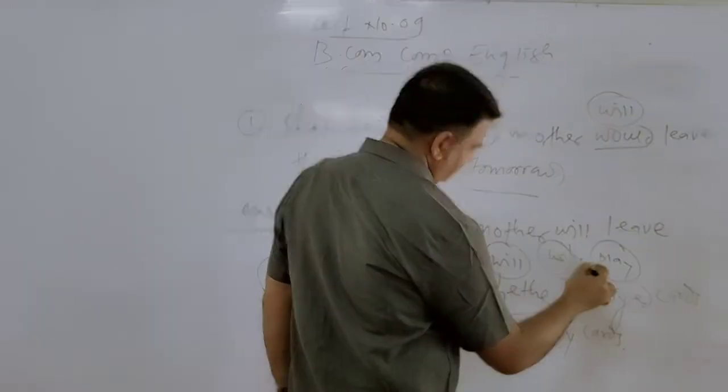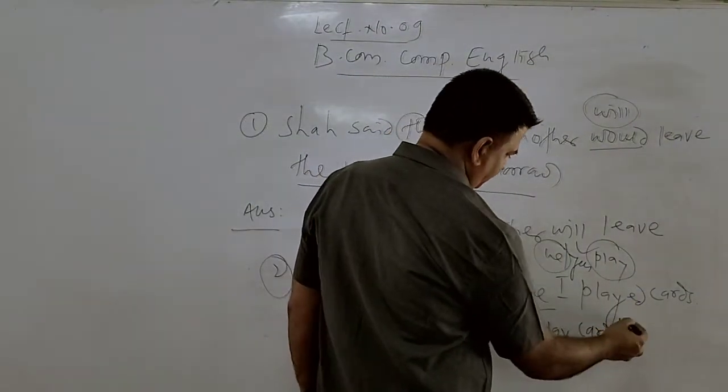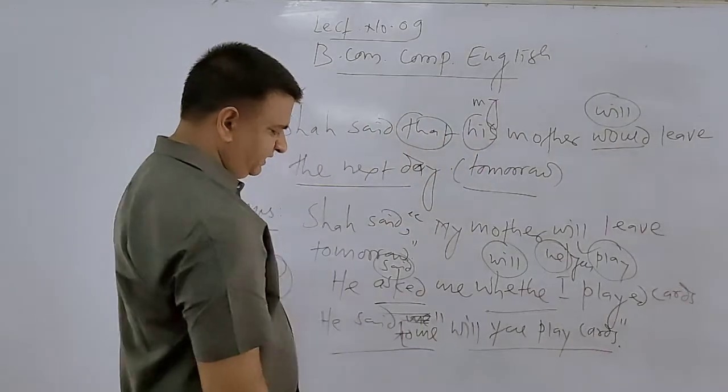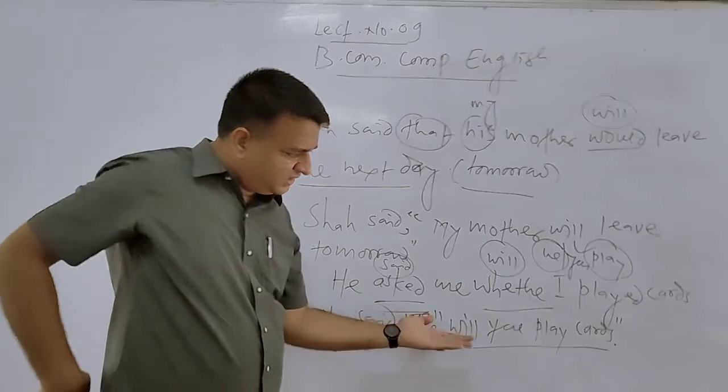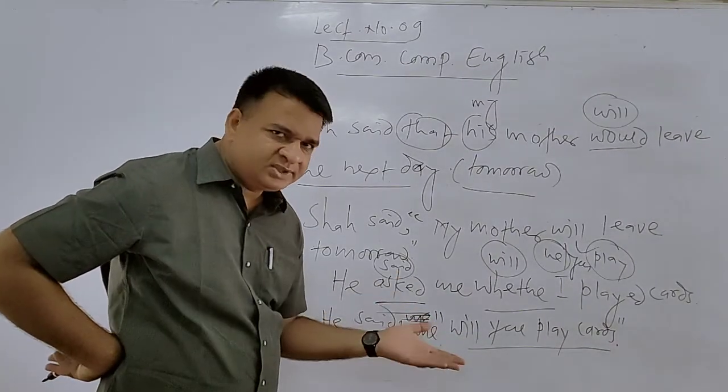Or we can mention here, you is appropriate here. He said to me, will you play cards? The same factors. Will you play cards to me? Card खेळाल का? म्हणजे विचारणार झाली.